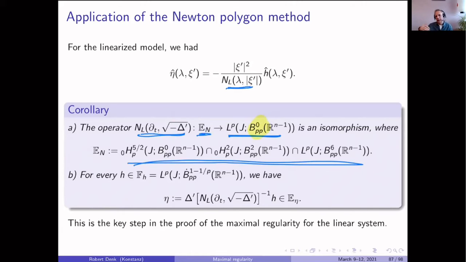This is due to the fact that everything lives on the boundary, and in the end, I have the Besov scale on my boundary. I want the Besov scale because they are the boundary values of my velocity u. This isomorphism gives us essentially that if we define eta by this solution formula, where now I plugged in the operators instead of the symbols, then this is in fact in my solution space for eta, and this strange Newton polygon space. And this is the key step for maximal regularity for the linear problem.